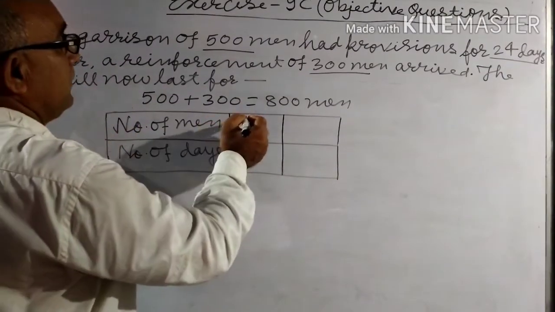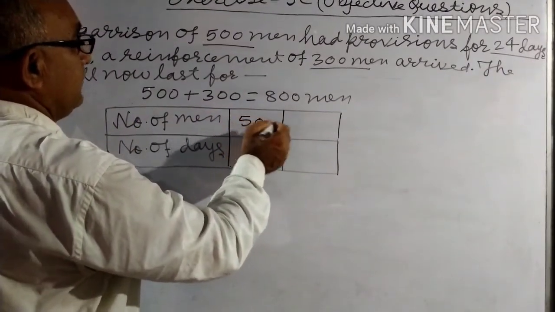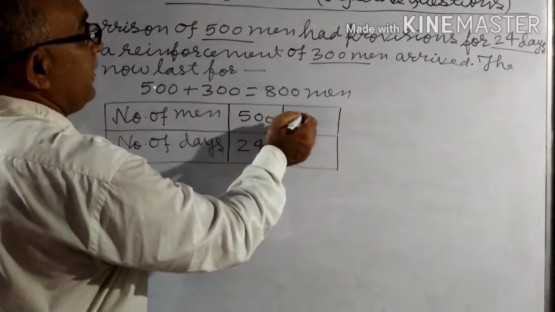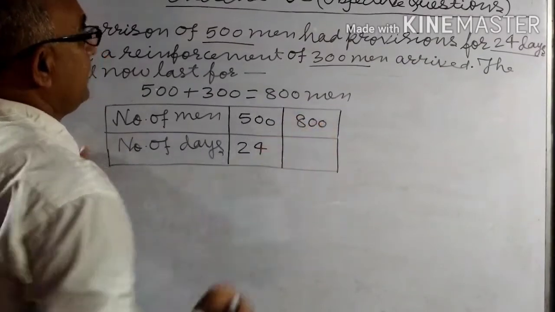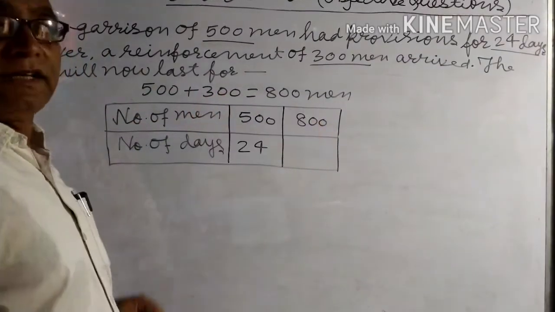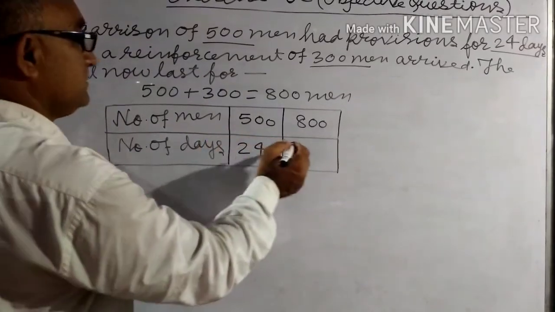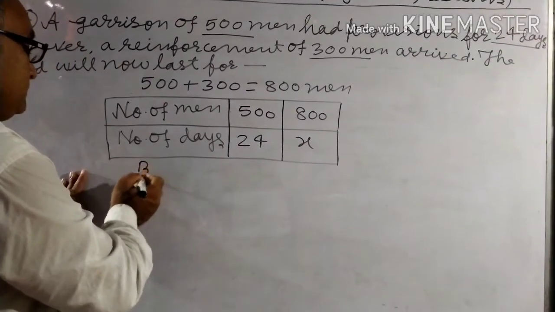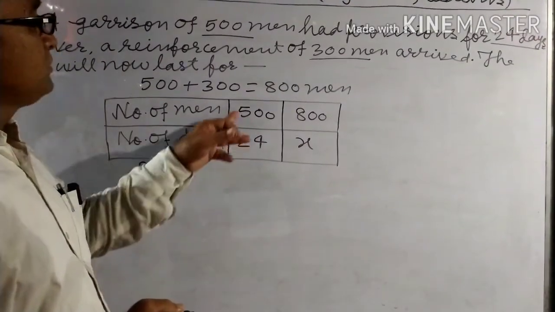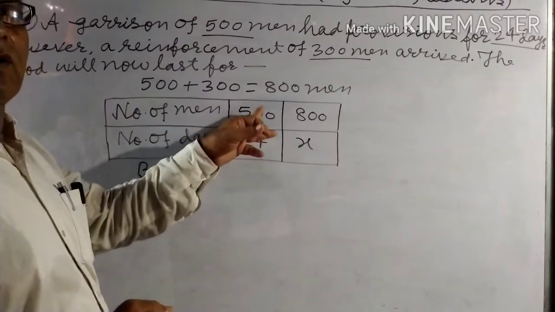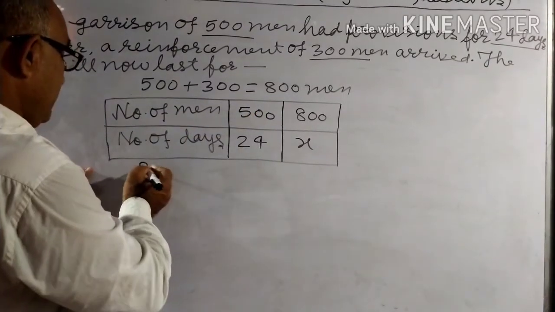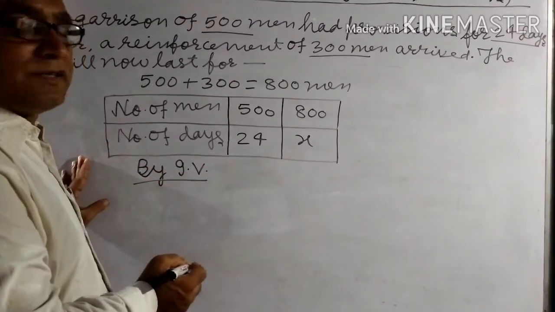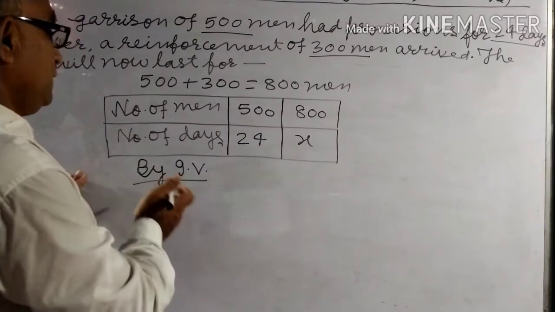Number of men 500, food for 24 days. And 300 men arrived. After that 500 plus 300 equal to 800 men. Let the required number of days be x. It is inverse variation, because when one increases, the other decreases. So in inverse variation, the products are equal.